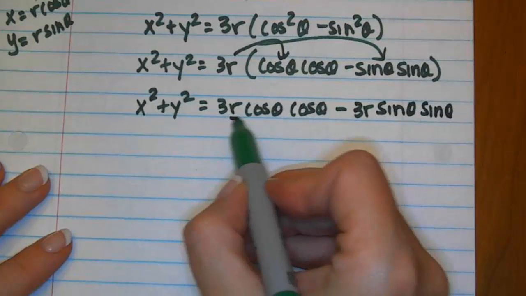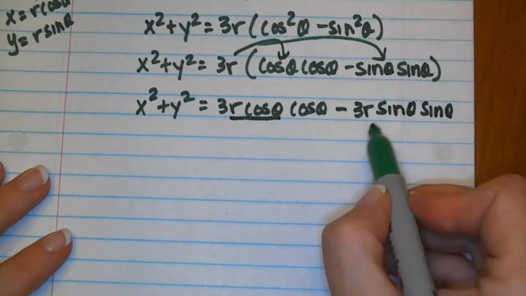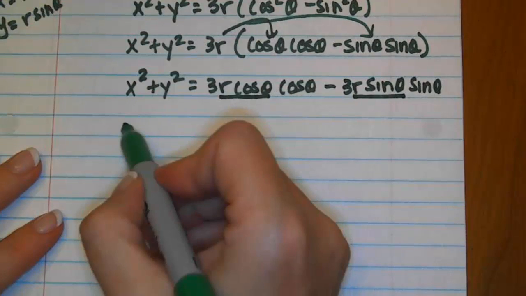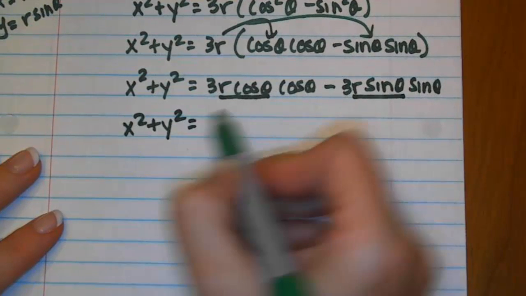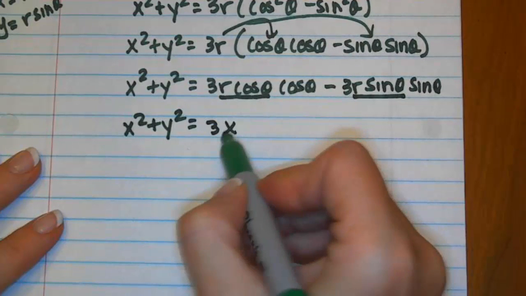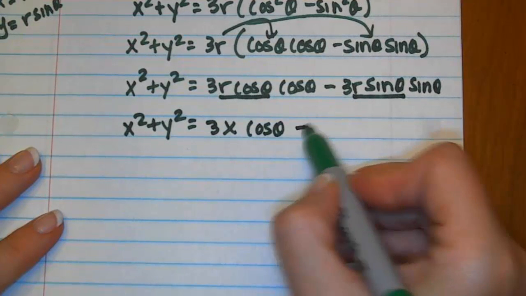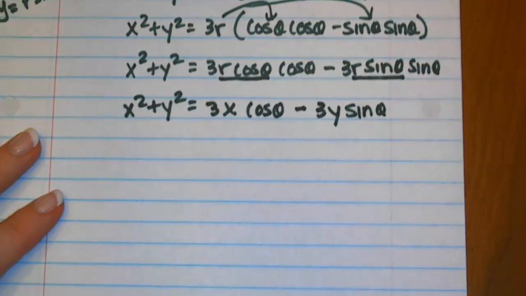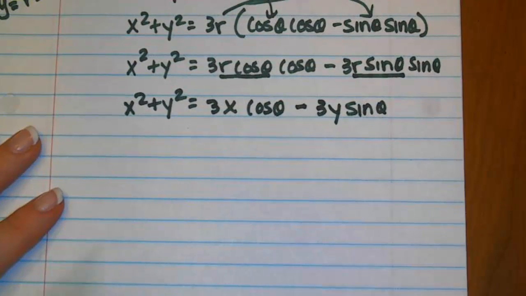Well, there is an r cosine theta and there is an r sine theta. Life is good. I can take x squared plus y squared equals 3x cosine theta minus 3y sine theta, but I still have a theta that I have to get rid of.